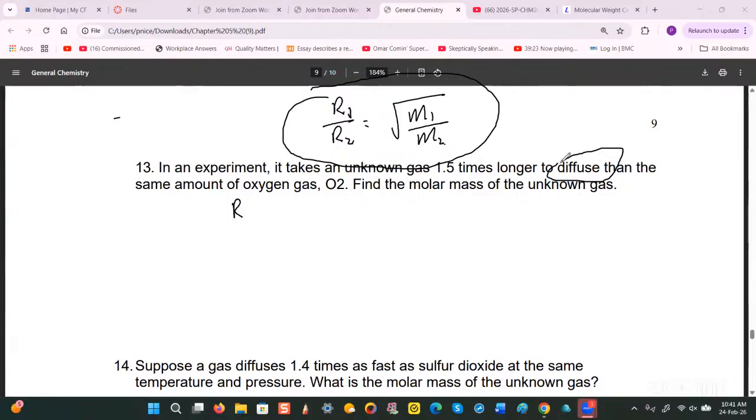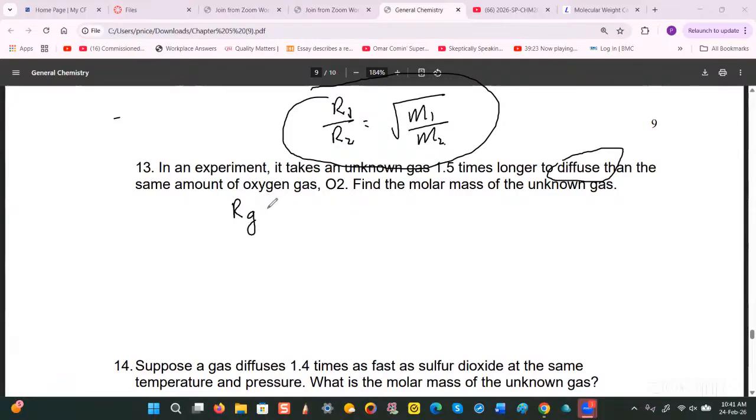So go back and watch the videos if you're not sure about the difference between the two, right? But in a lot of textbooks and chemical literature, people tend to use diffusion as if it means the same thing as effusion, but they're not the same thing. And that's the reason why the law is called Graham's law of effusion, all right? Not diffusion.